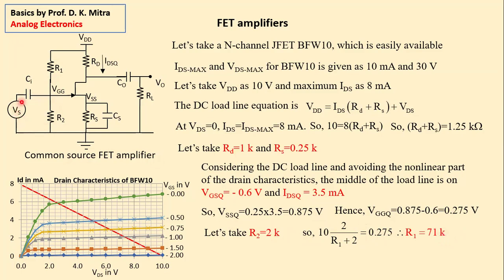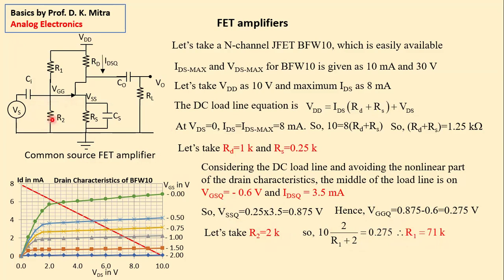So input impedance seen by the source is about 2K. If you want it much higher, you multiply it by 10, multiply this also by 10. You take 20K, it is 710K. Then input impedance seen by the source will be around 20K, a little less than 20K. So you have to maintain this ratio and see what input impedance you want.